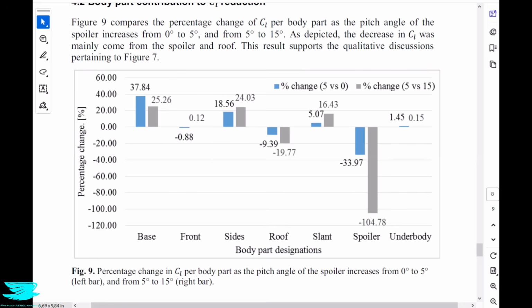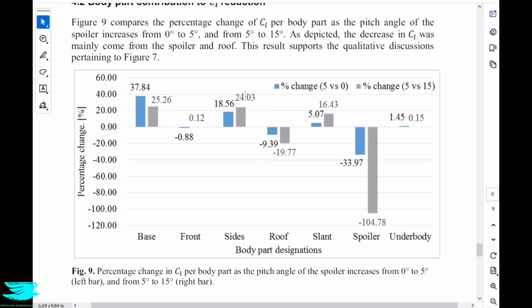And actually, while that kind of seems the case, I should probably say that the base numbers, so the far left numbers here, 37% and 25%, they're probably within the error because the base face of the armored body is vertical. So it can't produce lift or downforce through air pressure. So all these numbers seem very high, they're actually probably nothing.